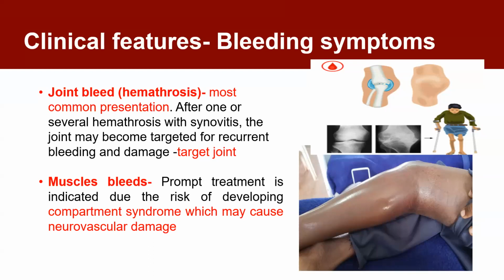Muscle bleeds always need prompt treatment because of the risk of compartment syndrome, which may cause neurovascular damage. We've seen such cases where the patient stayed at home because they did not think an impact or a fall was that bad, until a day or two later when they come and the whole muscle compartment is swollen, tight, and painful.